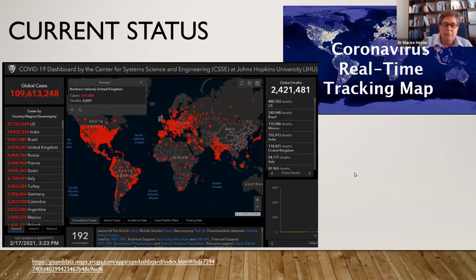But here in the bigger map that you can see, it's yesterday afternoon, the current status was that we had almost 110 million cases globally, and we had 2.5 million deaths globally.